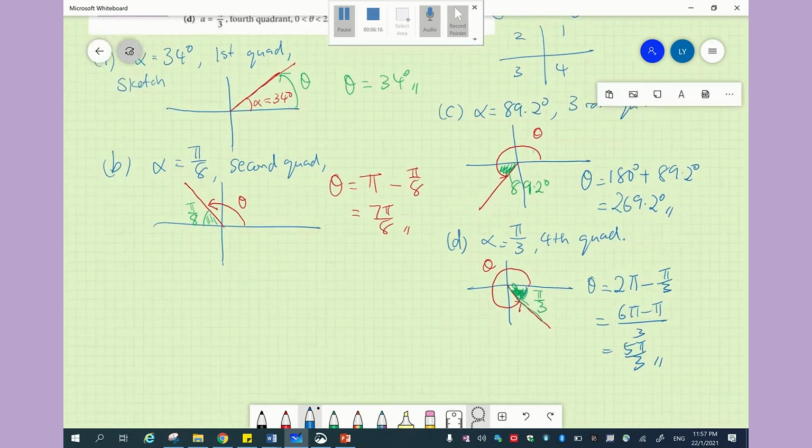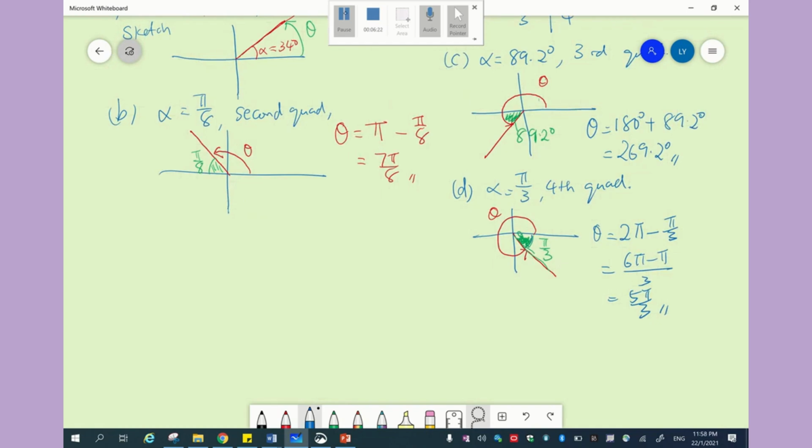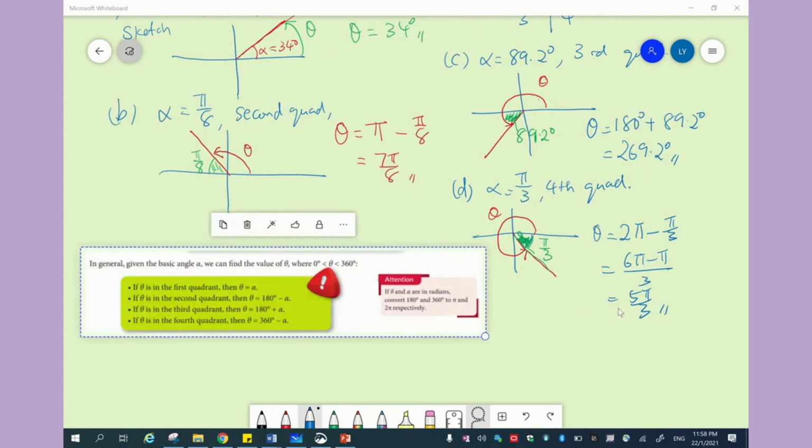So in conclusion, if you are given the basic angle, we can find theta.